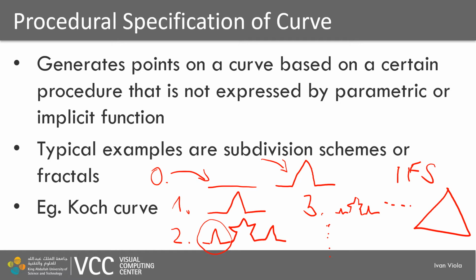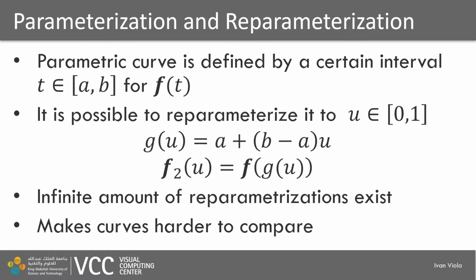We will give clearly the most focus to the parametric representation of the curves because they are mostly used. So, as you already know, the parametric curve is defined through a parameter t, which is defined on an interval, and by the function which maps this parameter t onto the coordinates of points of our curve.